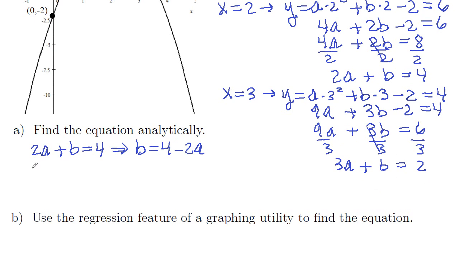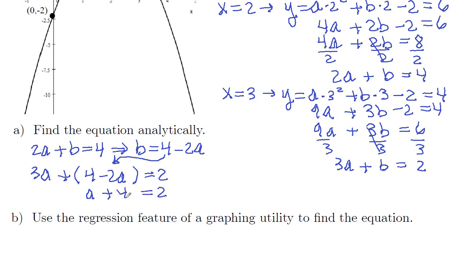So now we've got 3a plus b, so this 4 minus 2a goes down here, and that's equal to 2. Now let's collect our like terms. 3a minus 2a is a, plus 4 equals 2. Then subtract 4 on both sides. 2 minus 4 is negative 2. So a equals negative 2.